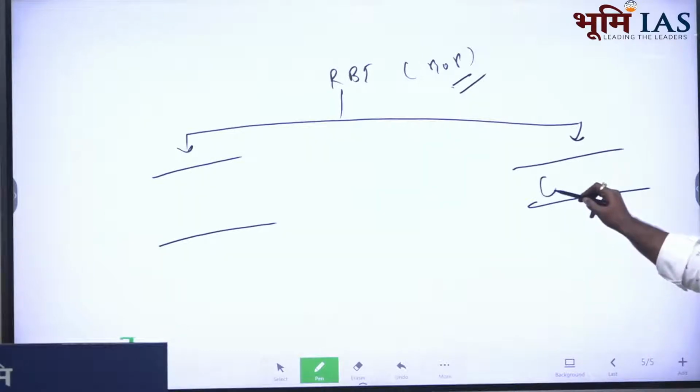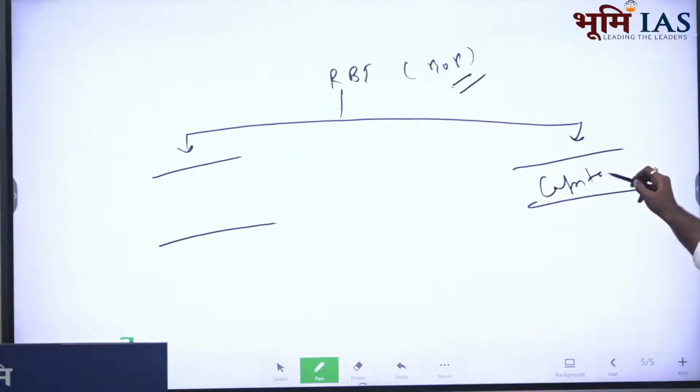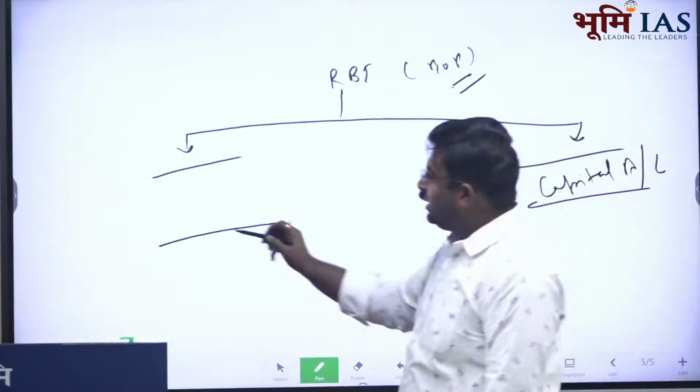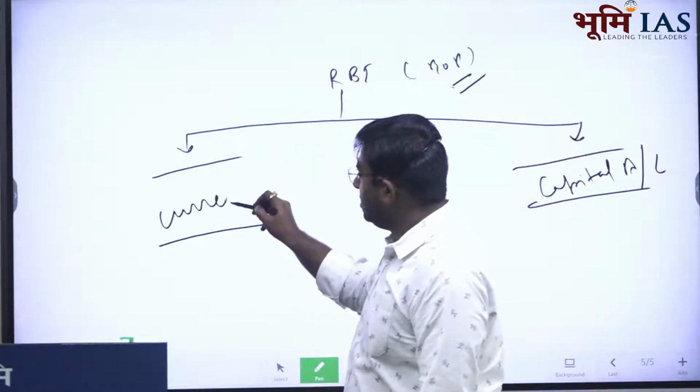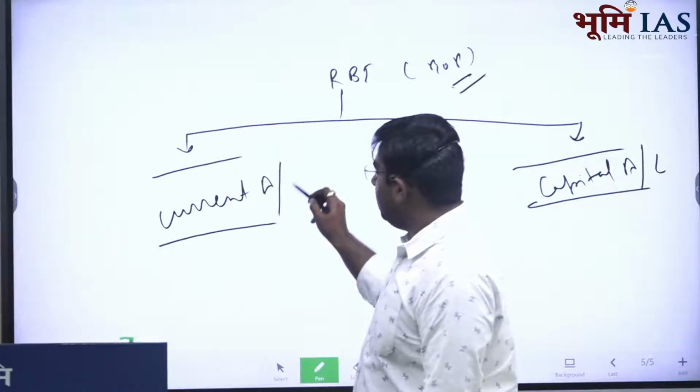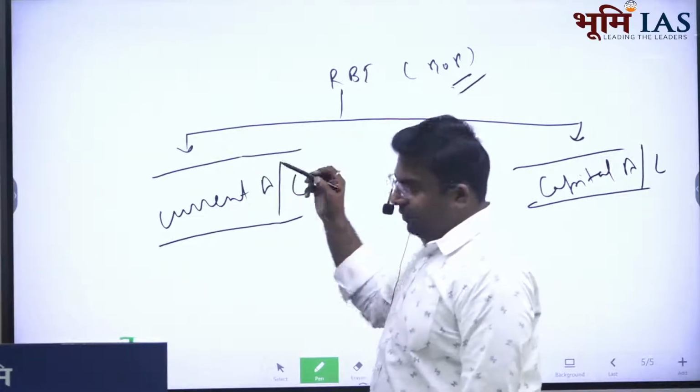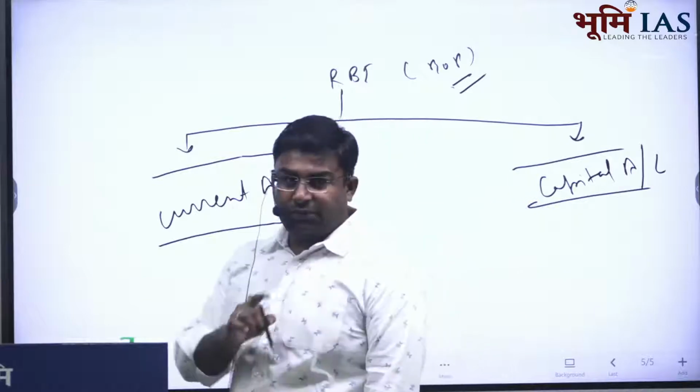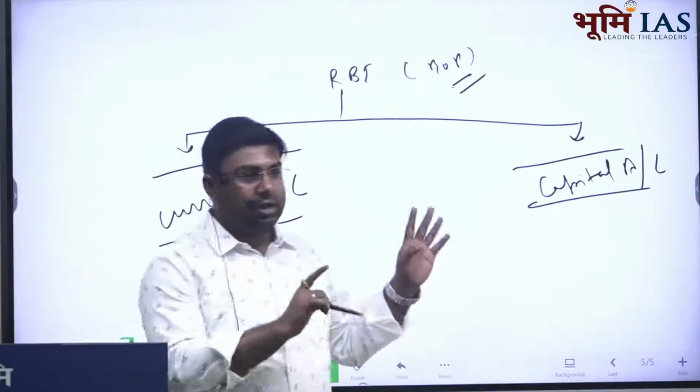One category is known as what? Capital account of BOP. And the second category is known as current account of BOP. Now, a very important point of confusion I want to clarify here.